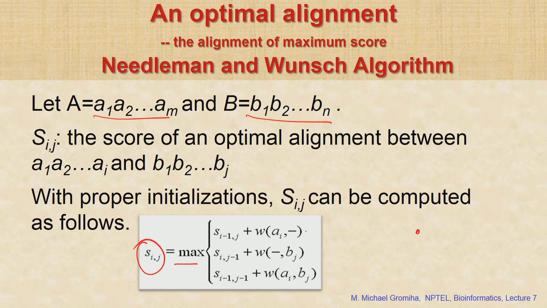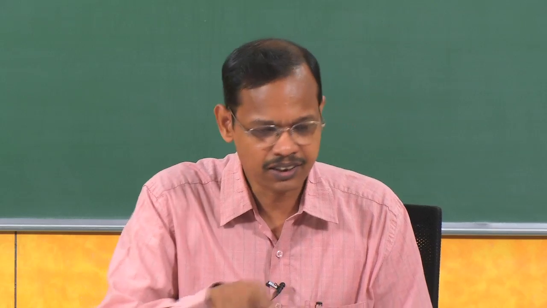Whether it is insertion or deletion, or a matching or mismatching score, you weight depending upon A and B. If it is a match, we give the match score. If it is a mismatch, we give the mismatch score. Otherwise, we give the gap score. We take the maximum value because we want to maximize the score, to have the best alignment. So, of all the three options, he took the maximum.